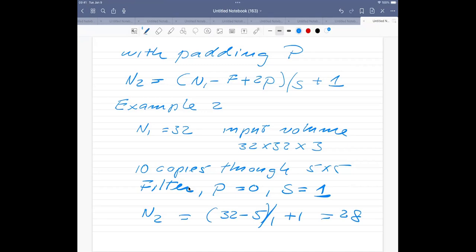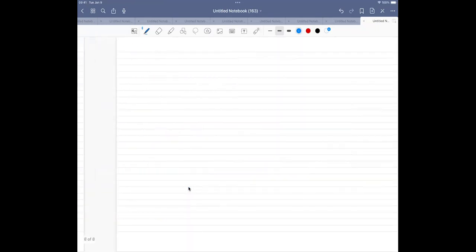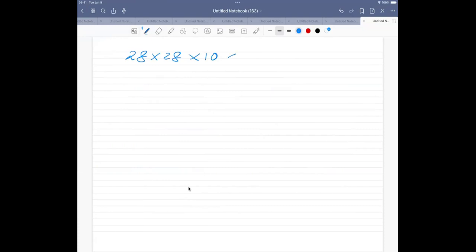Now, if I look at the parameters I need to deal with, if I make the replicas, in total we are going to get 28 times 28 times 10 replicas, and we have left out the color channel now.